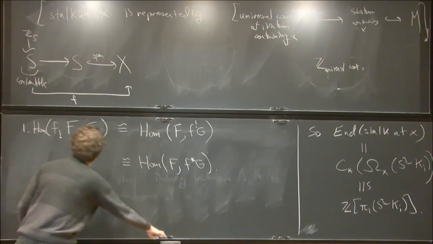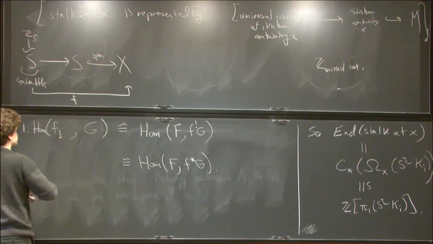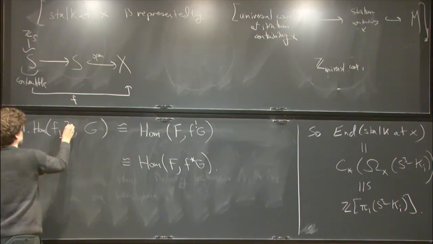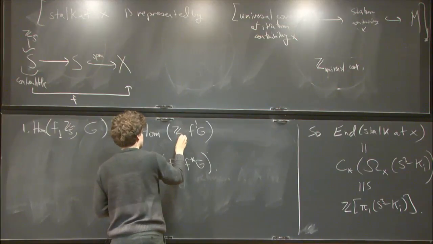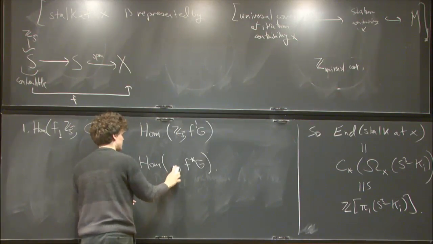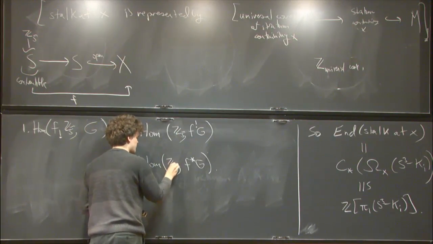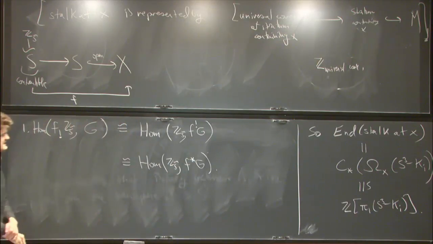So let's see, if capital F here is the constant sheaf on S tilde, well, homomorphisms from a constant sheaf, that's global sections.